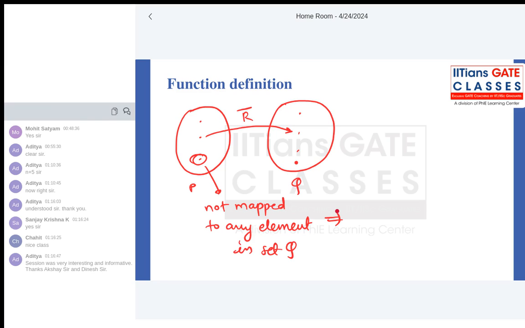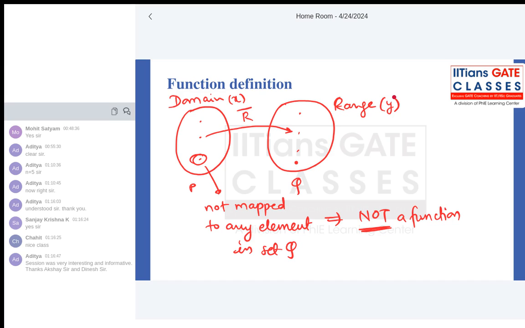So if any element in your domain is not assigned to any element in your range, then that is not a function. This is the classic definition of a function. Typically we use x for the domain and y for the range. If there is any element in x, or in set P, which is not mapped to any value in set Q, then that is not a function.